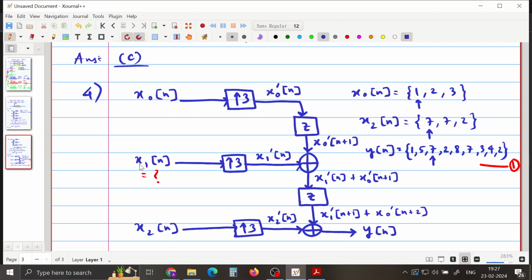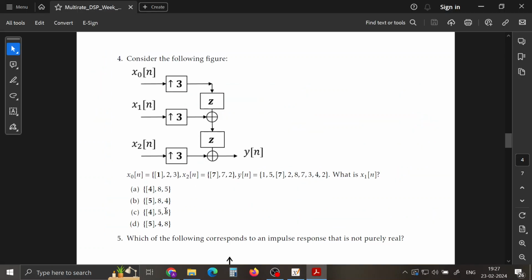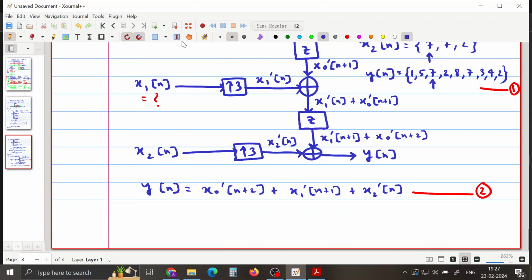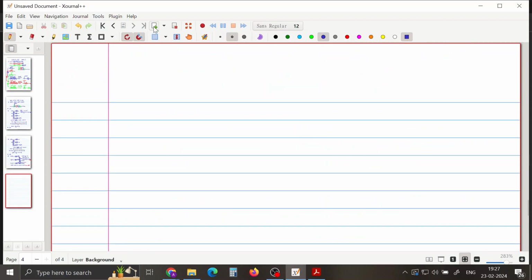Because x0 and x2 are both of length 3, I'm choosing x1 to be of length 3 as well. And even in the options, all three options are of length 3, so I can assume it's some sequence a, b, c of length 3. So go to the next page.